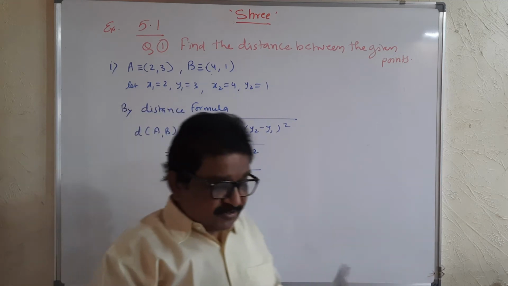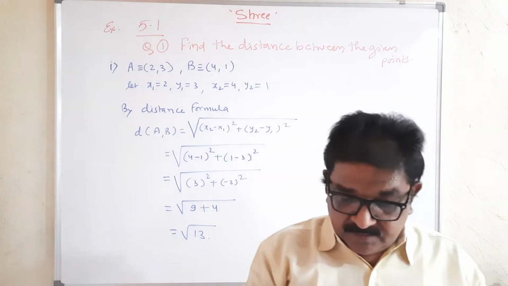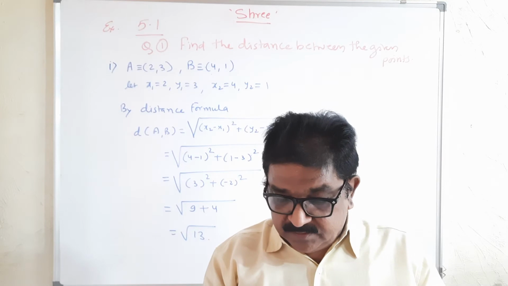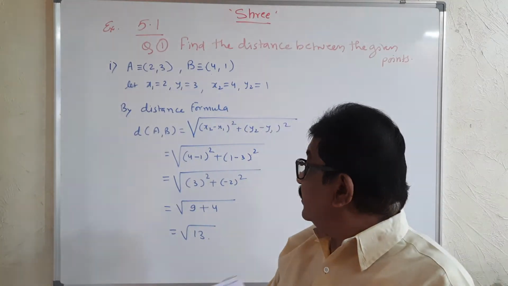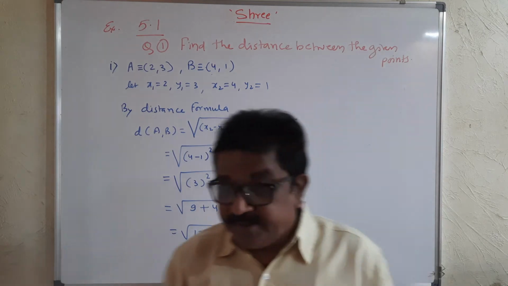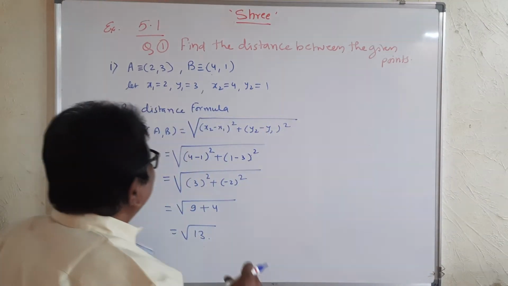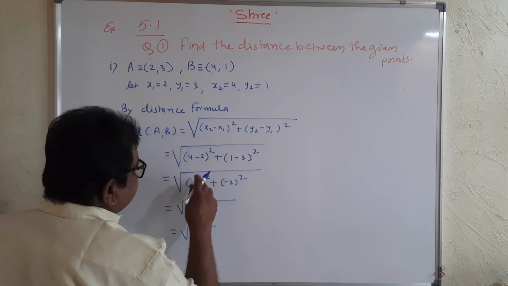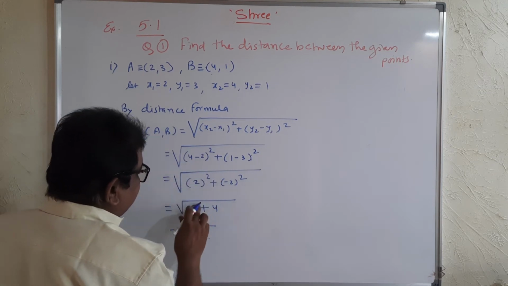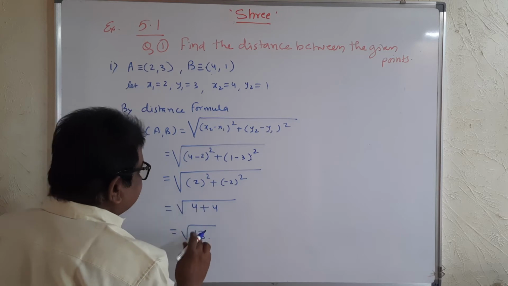Sorry, it is 2. So it is 2 square, it is 4.